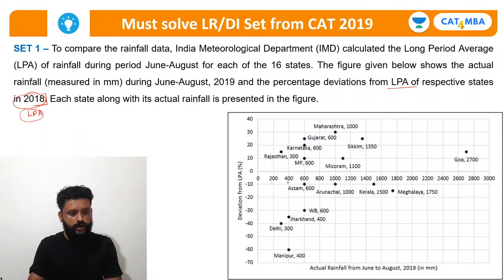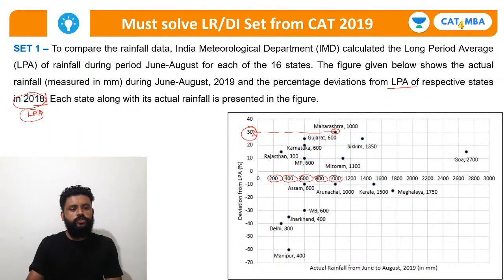Look at this: 200, 400, 600, 800, 1000. So Maharashtra is 1000. And for Maharashtra deviation अगर तुम देखोगे, this is the horizontal line. For Maharashtra it is 30% deviation है, right?